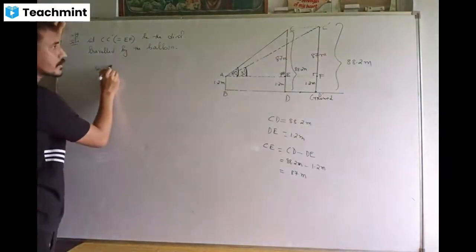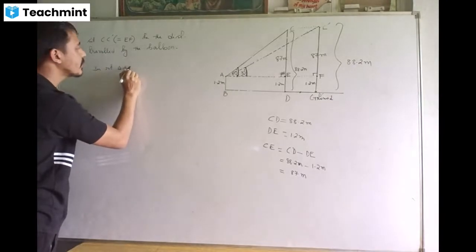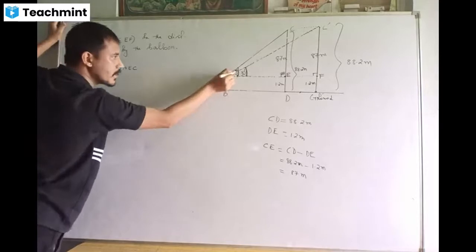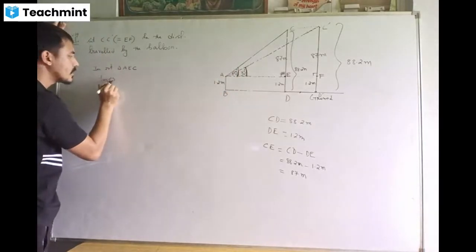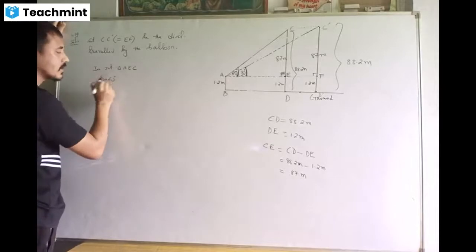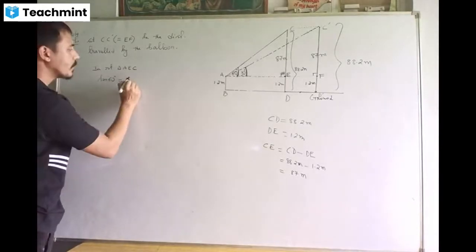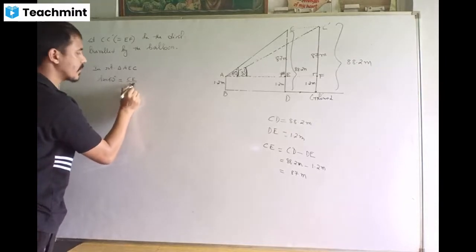So in right triangle AEC, for this smaller right triangle, the angle is bigger, 60 degrees. So tan theta, tan 60. Tan theta means opposite side upon the adjacent side. Opposite side is your CE, adjacent side is your AE.